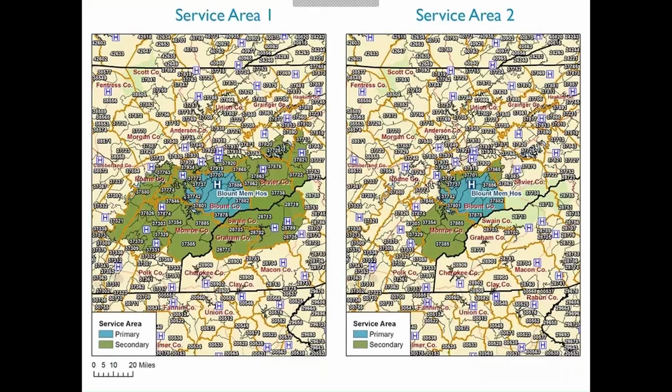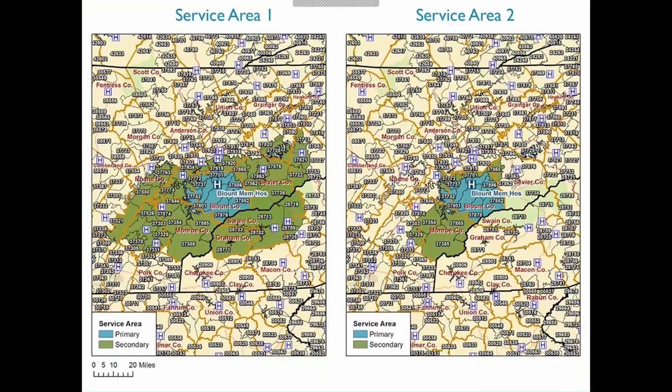The first service area on the left is approximately 6 counties. It accounts for 92% of patient origin, and our hospital, Blount Memorial Hospital, has 16% market share. I would argue that some of these zip codes are not legitimately in our hospital service area. You may want to serve all of this area, but in reality, if they don't come to you, then you don't actually serve them.